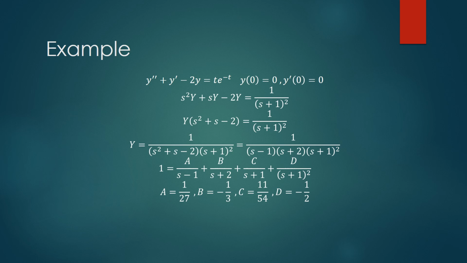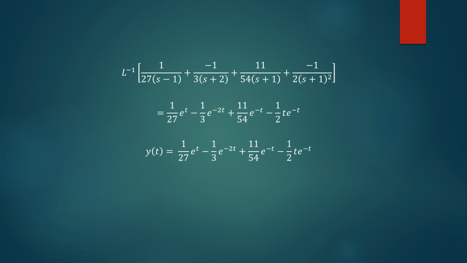Again, we can rewrite this equation as Y equals 1 over (s minus 1) times (s plus 2) times (s plus 1) squared. And using partial fractions, we can find the constants of each term. They are: A becomes 1 over 27, B becomes negative 1/3, C is 11 over 54, and D is negative a half.